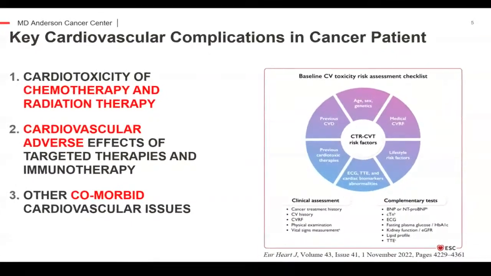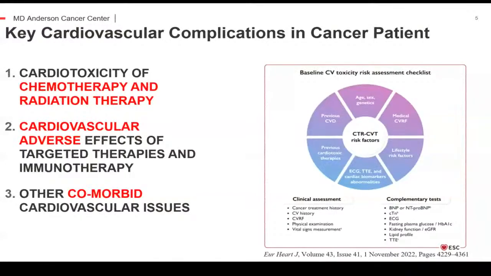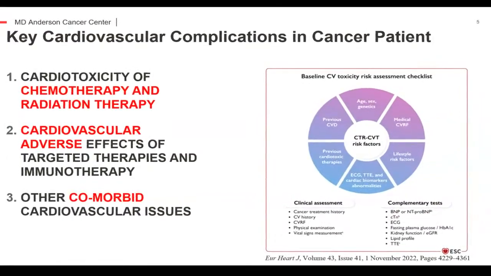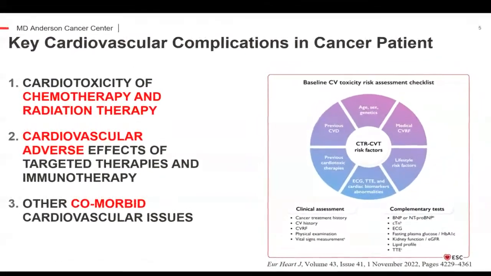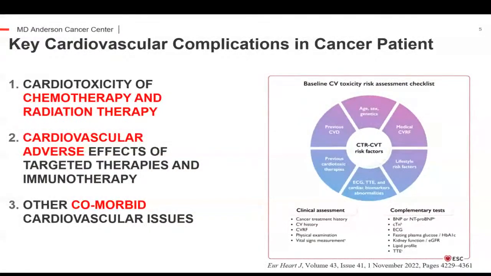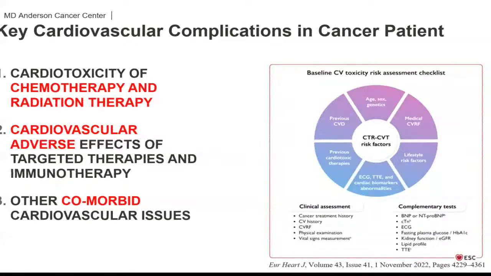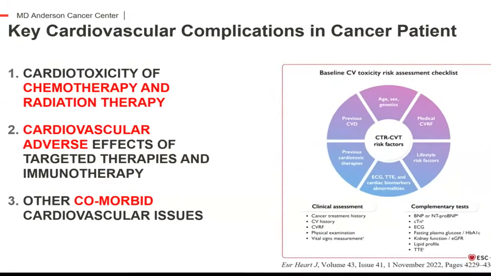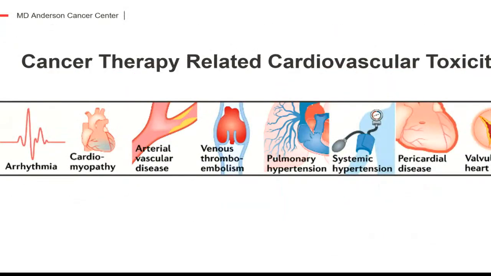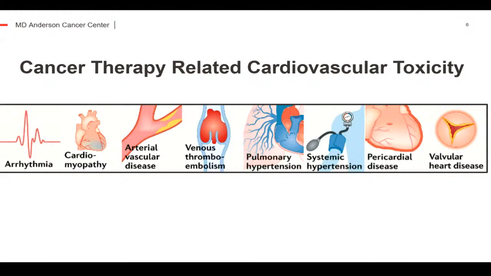From an imaging and a biomarker perspective, just like any other cardio clinic visits, you do the biomarkers, but we always include troponins and BNPs because these are going to be used in the guidelines moving forward as to how to serially follow them and monitor them. And the role of echocardiography is key in this patient population.